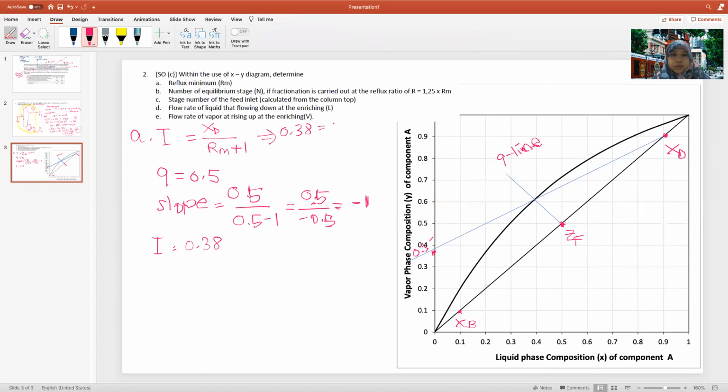Yeah, so that means 0.38 is equal to xD, which is 0.9, divided by Rm plus 1. So what is Rm now? Can you calculate it for me?